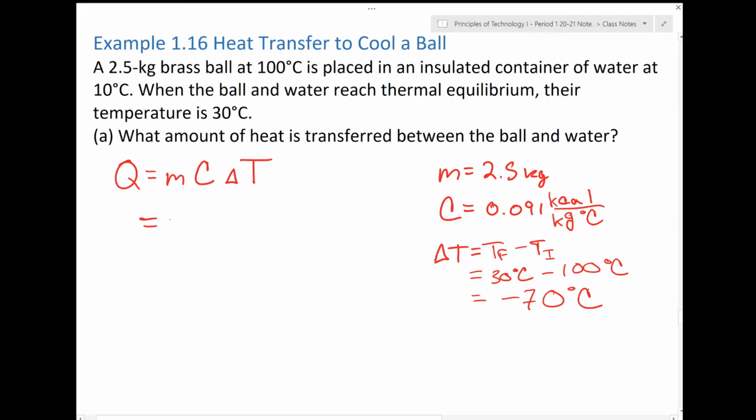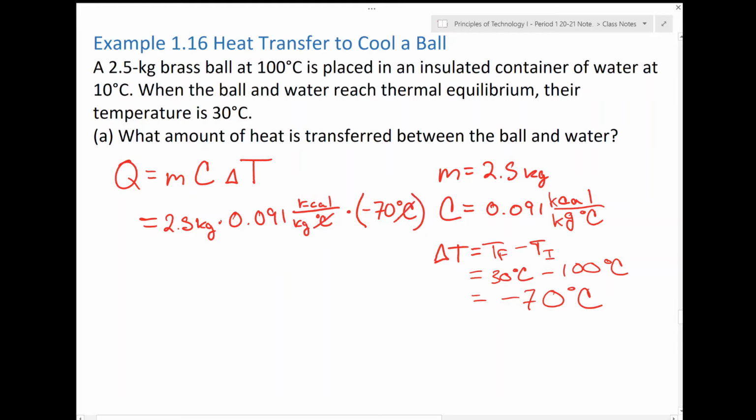Mass is equal to 2.5 kilograms. The specific heat is 0.091 kilocalories per kilogram degrees Celsius. And lastly, our temperature change is negative 70 degrees Celsius.